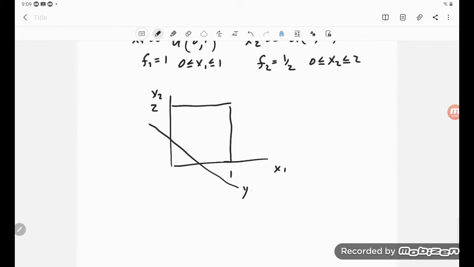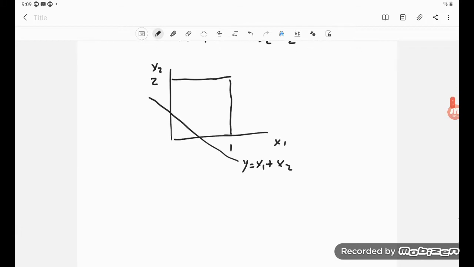Here is y equals x1 plus x2, and in our region it is always this side when we're asking for x1 plus x2 less than or equal to y.